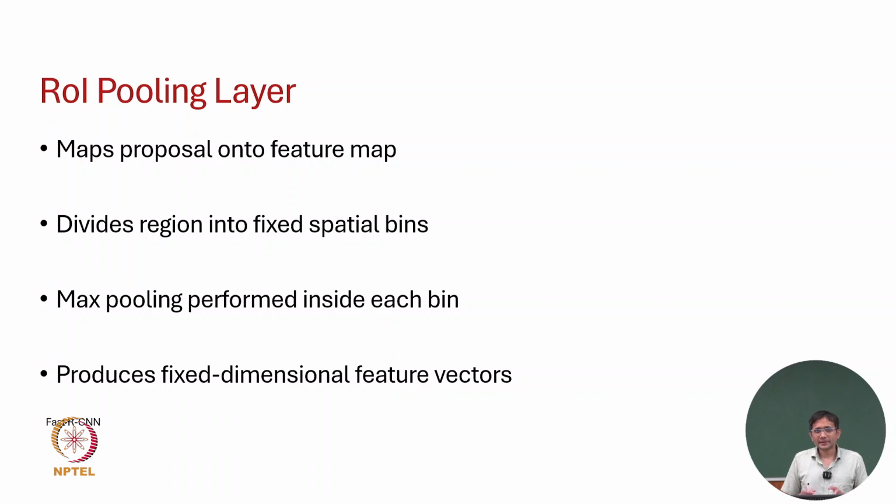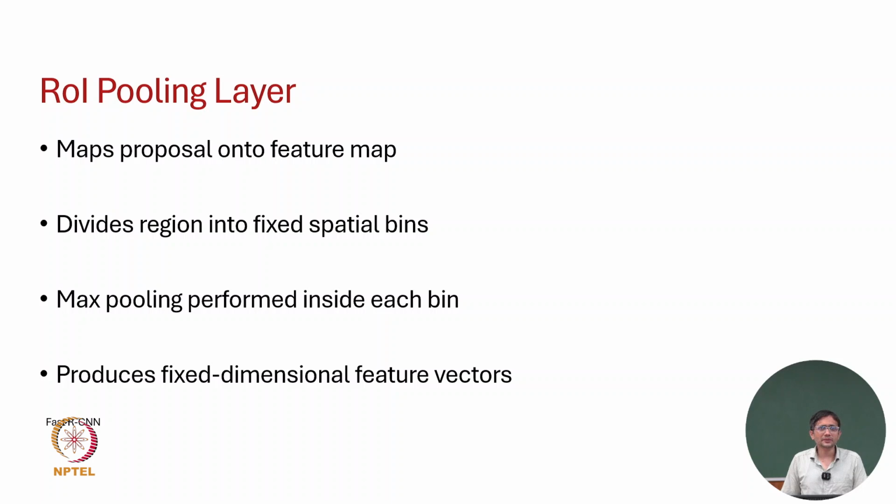So this is the main aspect: from the given feature map, which let's say is R cross C cross B, and given this particular RoI, which captures a particular area in that feature map, we want to come to a fixed dimensional feature vector, and this is how it is done.